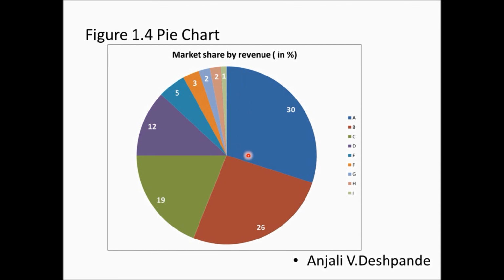After converting to degrees, we have to draw a circle of appropriate size with the compass, and then draw the points on the circle according to the size of each portion of the data. That means you manually find the angle, and then use the center of the circle, and for each corresponding percentage, whatever the angle is, you draw that by making use of a protractor, etc. So this is the manual way.